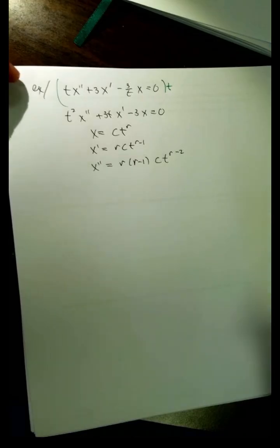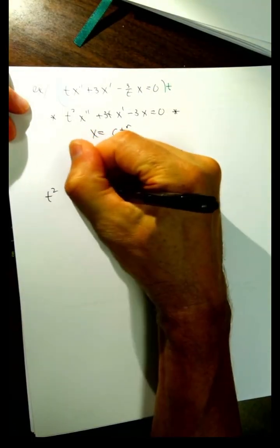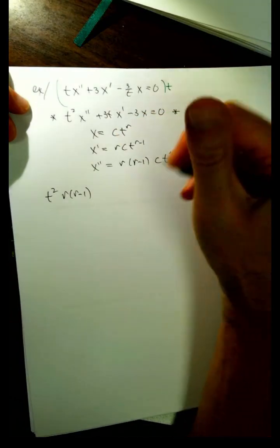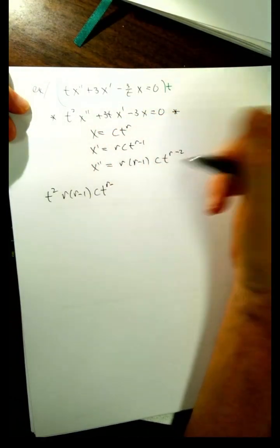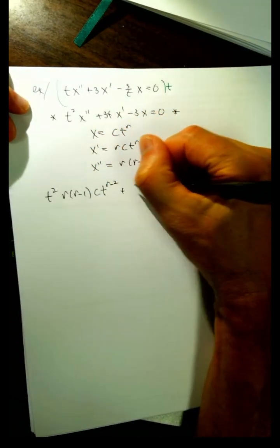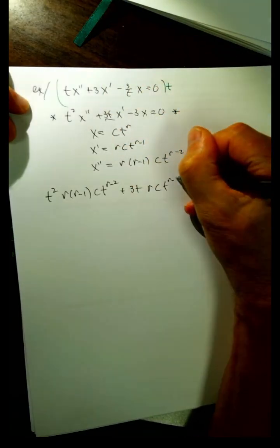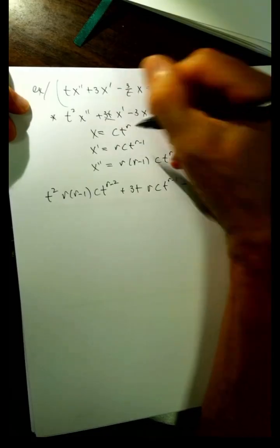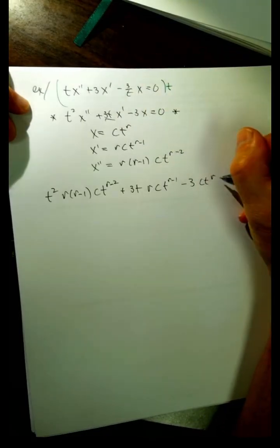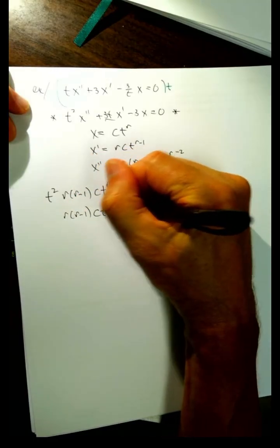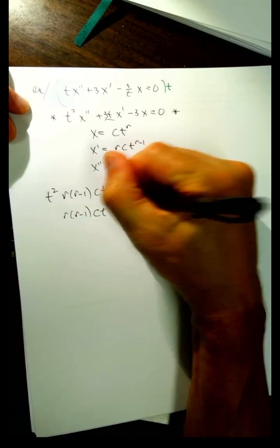I'm going to plug this into my differential equation that's in Cauchy-Euler form, so I get t squared times x double prime, so r times r minus 1 times c t to the r minus 2, plus 3t times x prime, that's r c t to the r minus 1, minus 3 times x, and x is c t to the r. Let's do my algebra. T squared times t to the r minus 2 is t to the r.